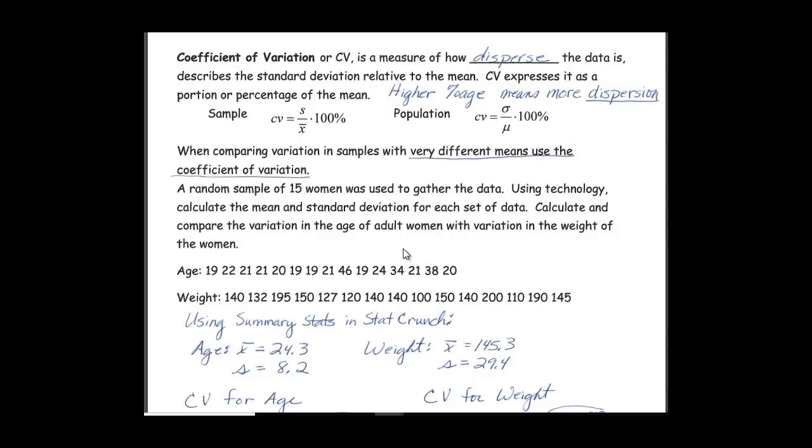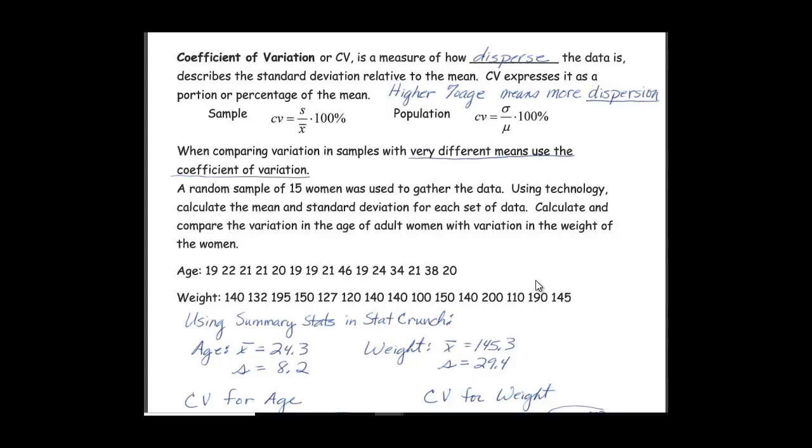So here I've got a sample of 15 women. We're going to use technology to calculate the mean and standard deviation for these women's age as well as their weight. Now, of course, because these are two different criteria, age and weight, their means are going to be very, very different. So for sure, we're going to be using our coefficient of variation.